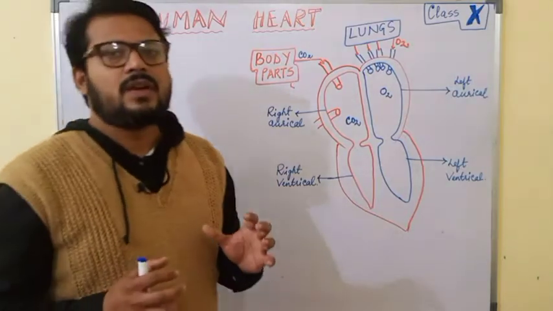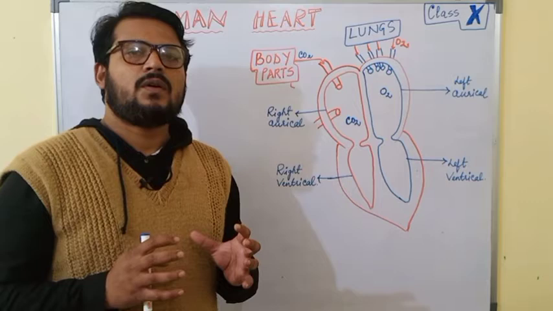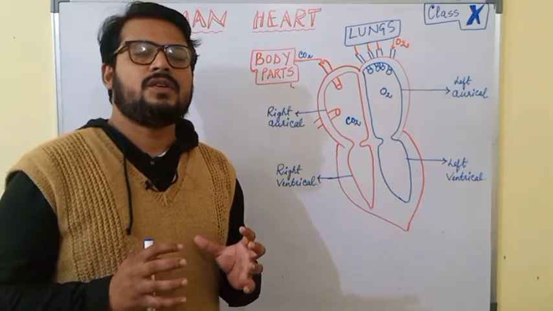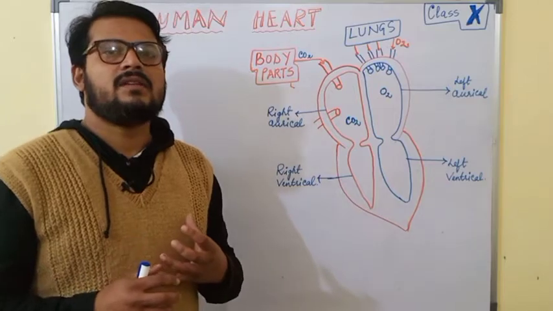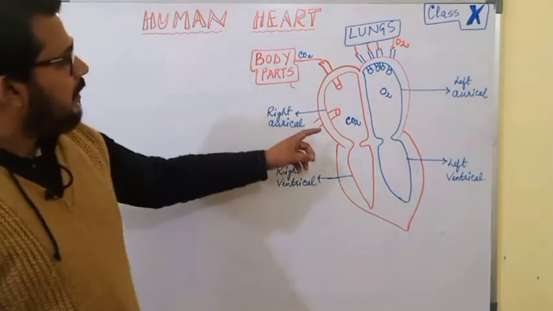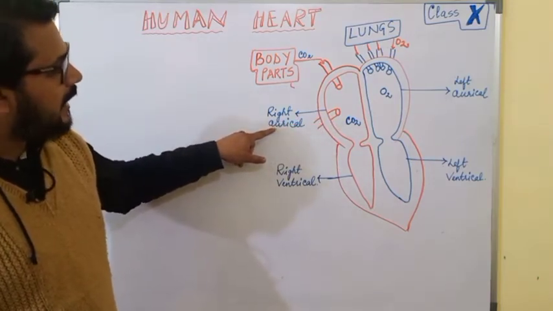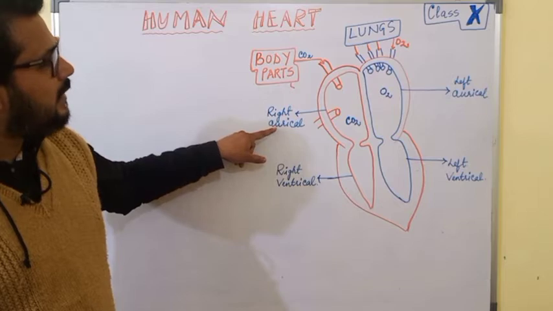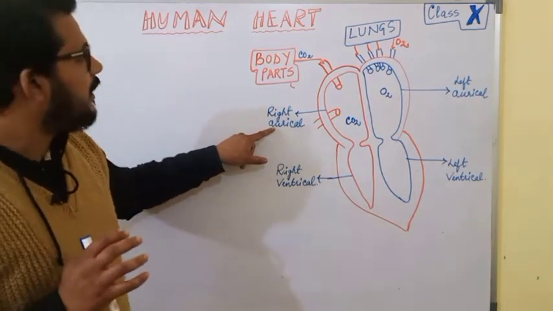So we should understand first which chamber of our heart accumulates the deoxygenated blood from the body parts, and what are the blood vessels involved in carrying such type of blood, right? Now let us see that this is a right auricle, right? The right auricle is going to accumulate the deoxygenated blood from the entire body, right?